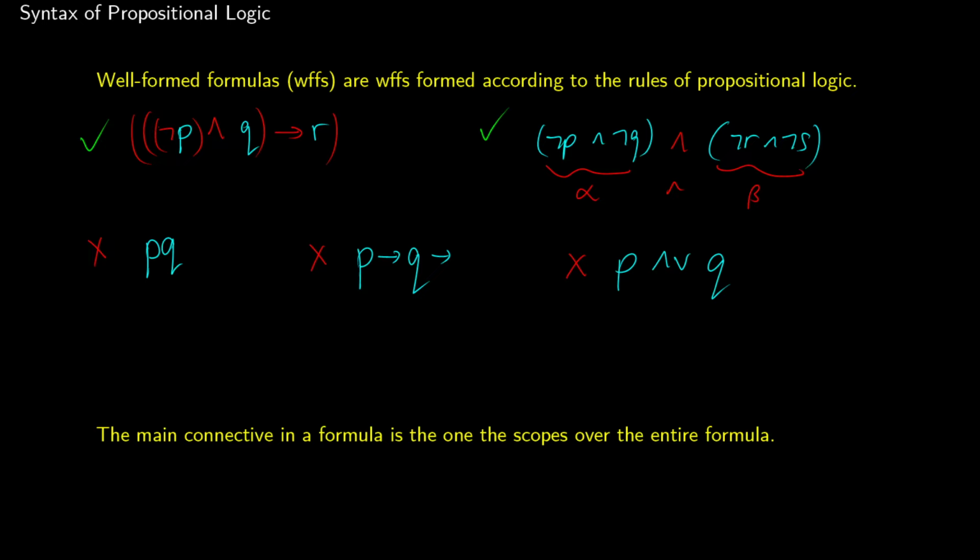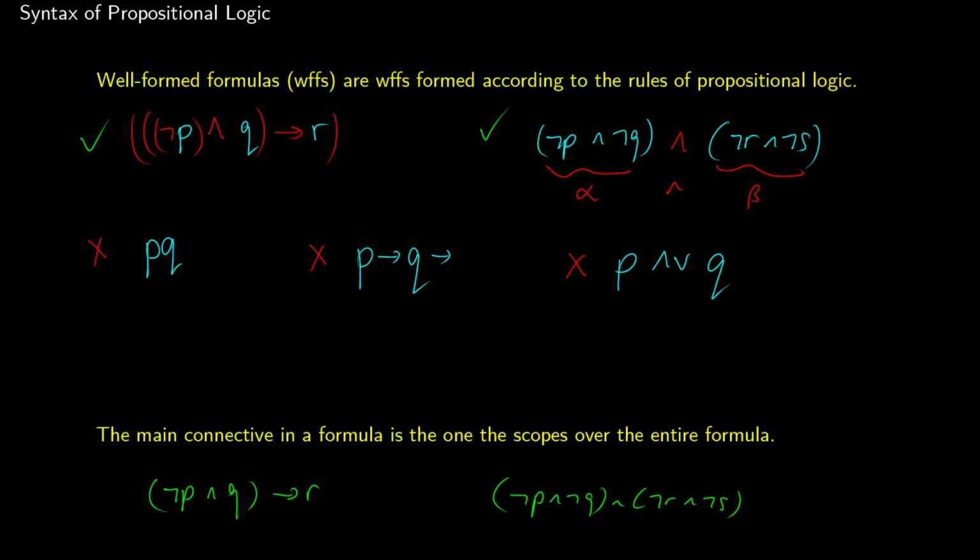Now, the main connective is the one that scopes over the entire formula. So if I just rewrite some of the ones we had earlier, so not P and Q, arrow R, and then we had not P and not Q, and not R and not S. The main connective is the connective that essentially sees everything.